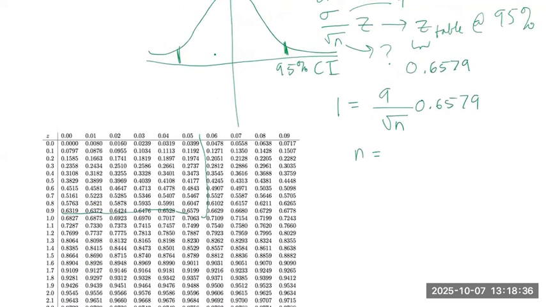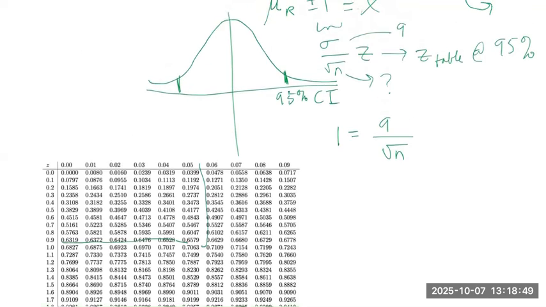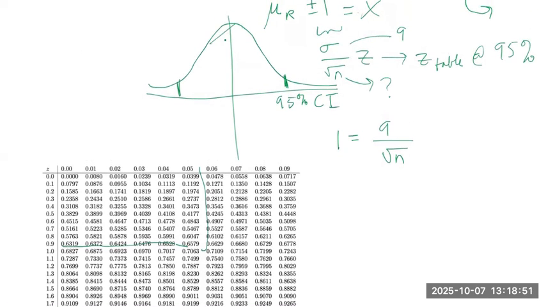oh, sorry. So I actually found the z-score wrongly. So basically we have to know what 95% confidence interval means. 95% confidence interval means that 95 percent gives us the area under this curve.